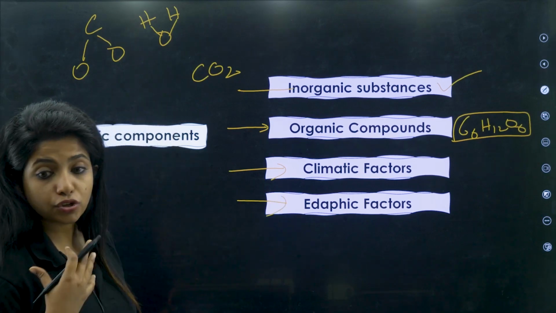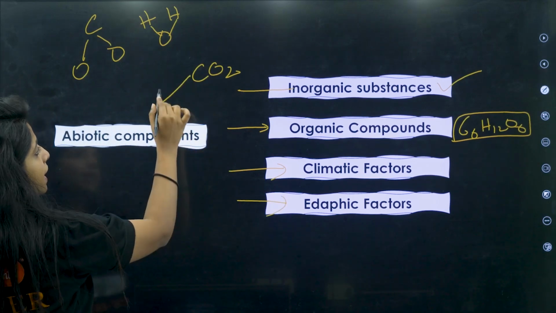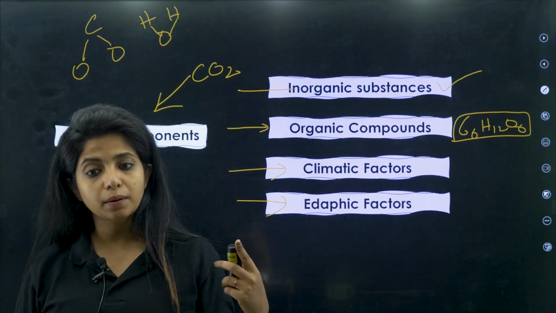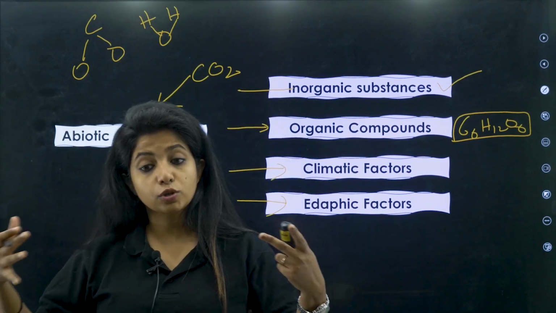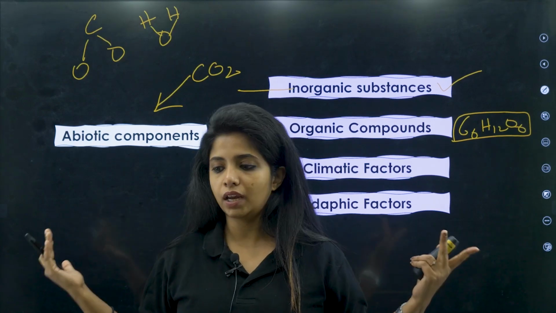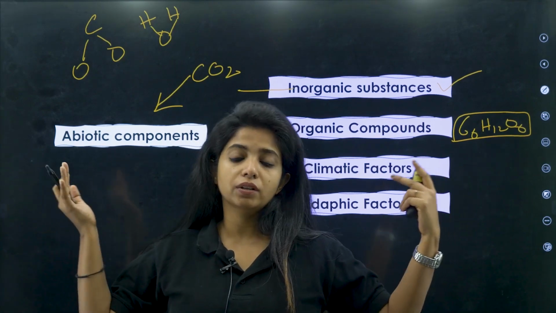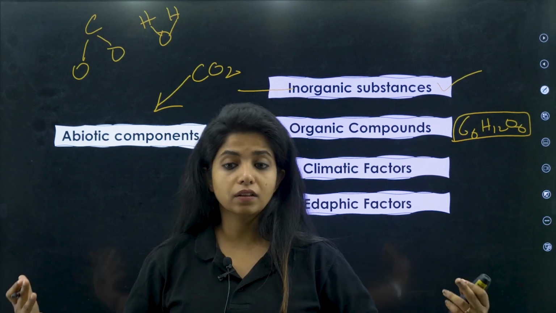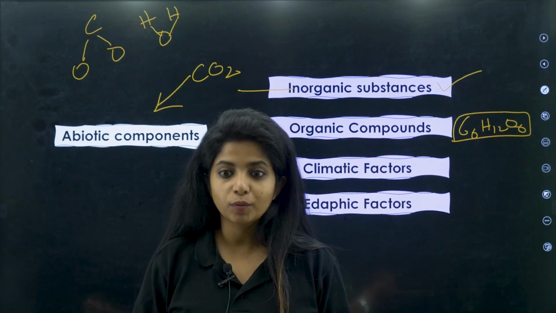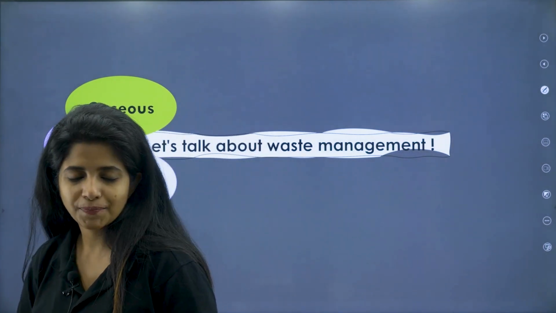Edaphic factors, for example the soil quality, are again abiotic factors. Our ecosystem is made up of these abiotic and biotic factors which constantly interact, and that's how we are able to live. If organic compounds are not there, we are not able to live. If inorganic things are not there, again we won't be able to live. If soil is not there, then how will nutrition get into the plants? So all of them are interrelated.